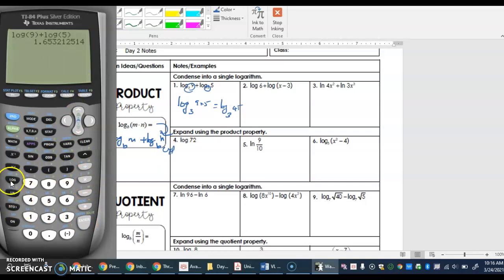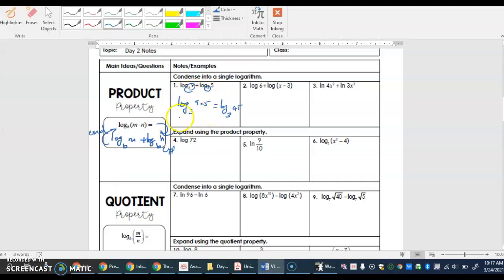If I say log 45, even that is the same value. You understand now? It's still the same thing. So when you're seeing two logs being added with the same base, you can multiply the arguments. That's what this product property is about.